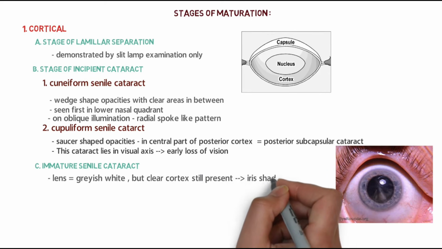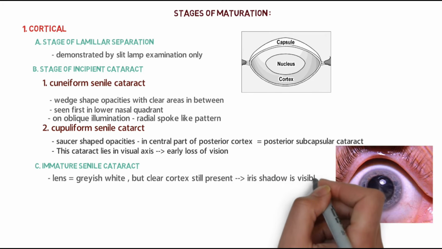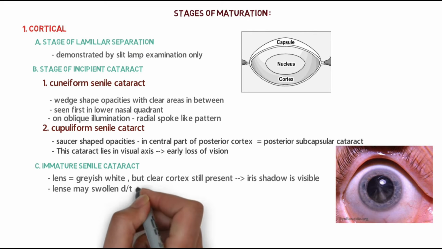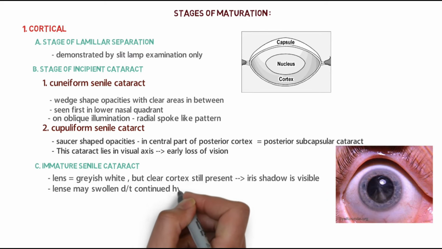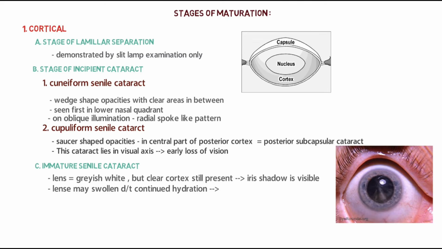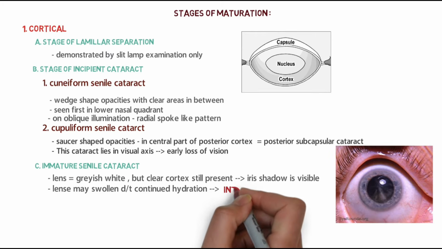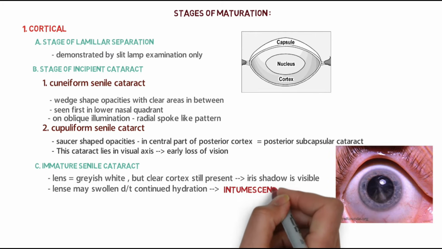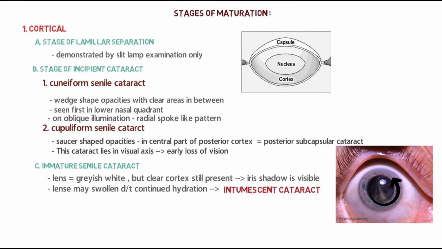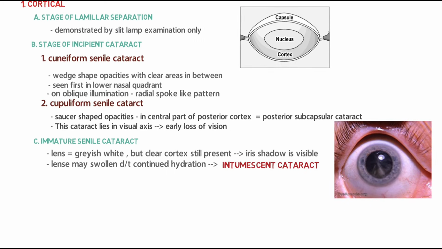At this stage, the lens may swell due to continued hydration, because of progressive opacification. If this occurs, it is called intumescent cataract, swelling of the lens due to continued hydration. Look at the diagram. This is immature senile cataract.